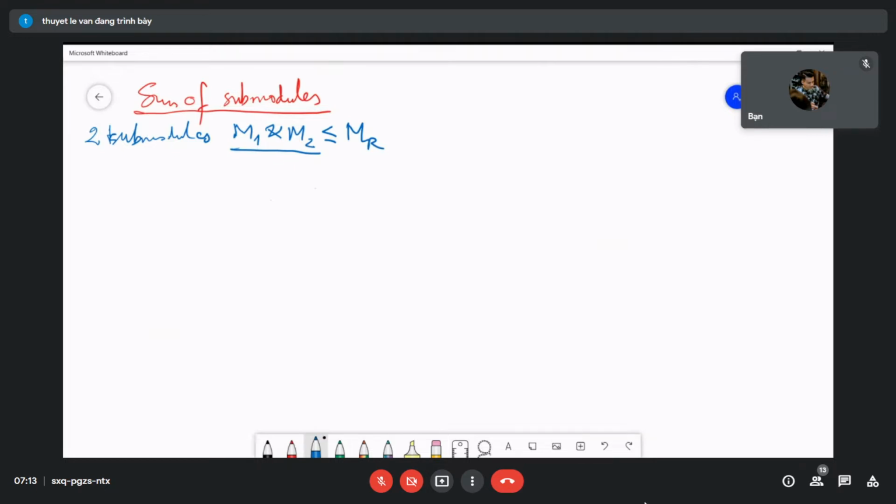So, okay. We write M1 plus M2. We have a definition: M1 plus M2 is equal to the set of m1 plus m2 with m1 in M1 and m2 in M2.